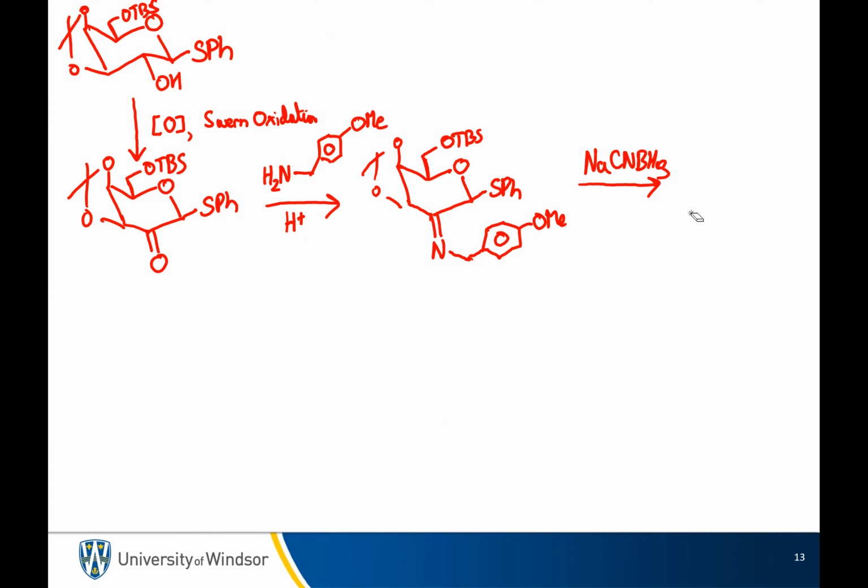If you haven't seen this before, all it does is reduce imines to amines. So it reduces double bond nitrogens to single bond nitrogens. And again, like all these other things we've seen, it prefers axial attacks. Well, it prefers to actually attack from the bottom face.